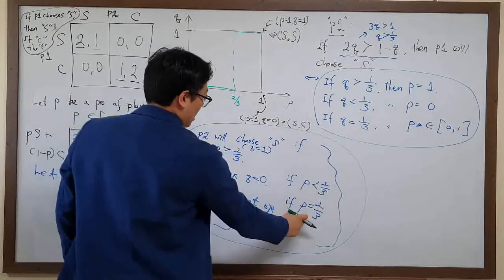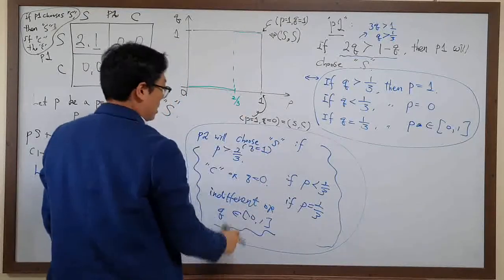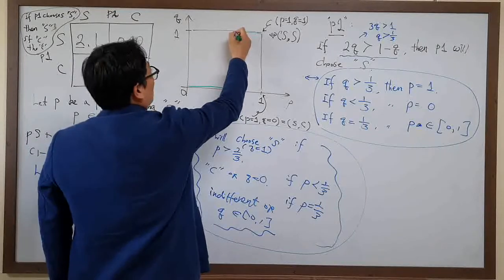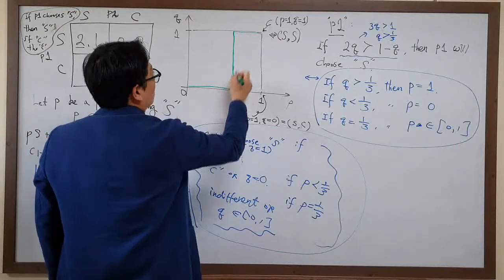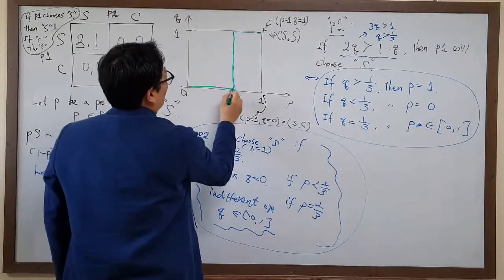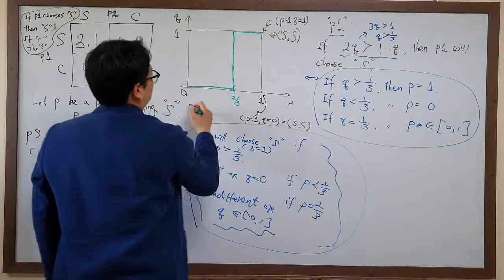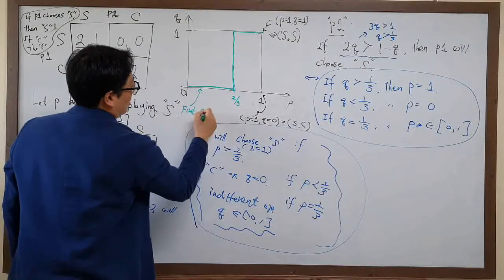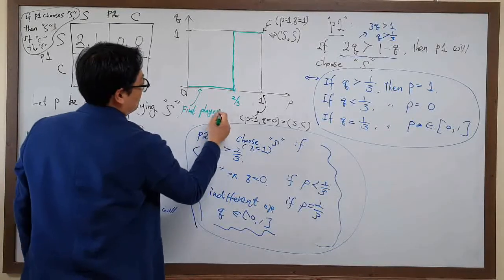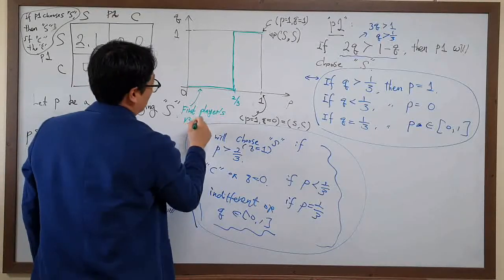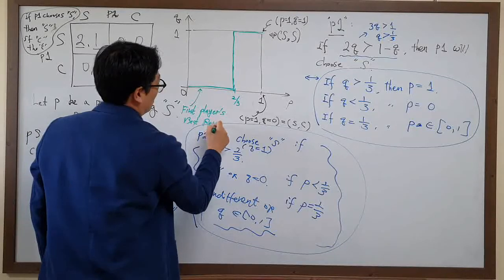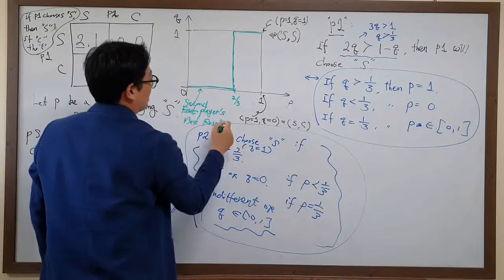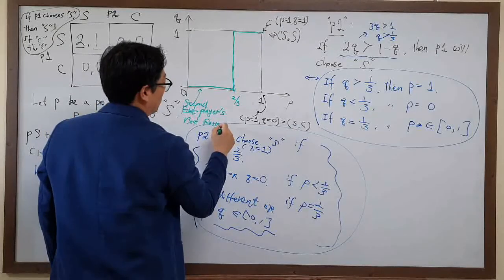When P equals 2 over 3, then Q will be any number from 0 to 1. So if I'm connecting these points, this will be the second player's best response.